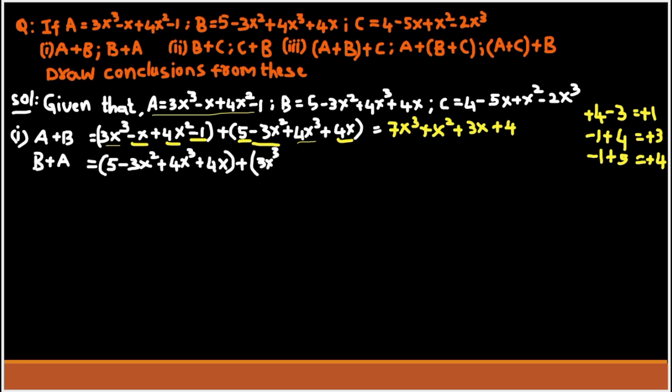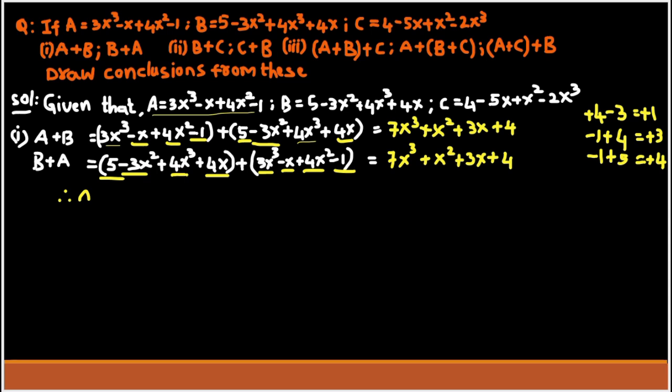Here the highest power term is x cube. So here from b it is 4x cube, and from a it is 3x cube, plus 4 plus 3, which is 7x cube, and minus 3x square from b plus 4x square from a, minus 3 and plus 4, which is plus 1.